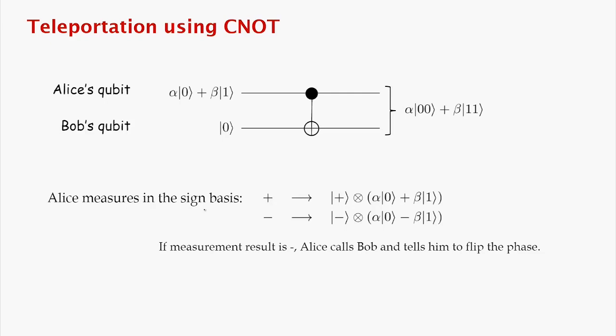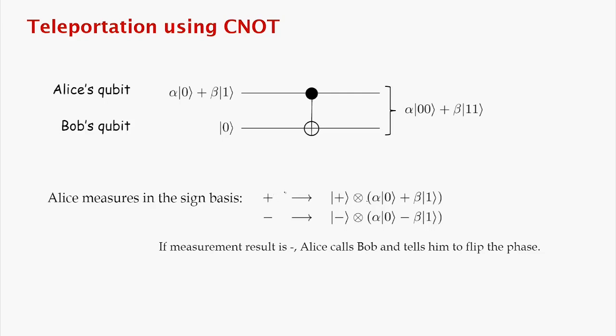What happens is, if she measures a plus, then their joint state is plus tensor alpha 0 plus beta 1. And if she measures minus, they have minus tensor alpha 0 minus beta 1. What Alice does is calls Bob and tells him what her measurement outcome is.